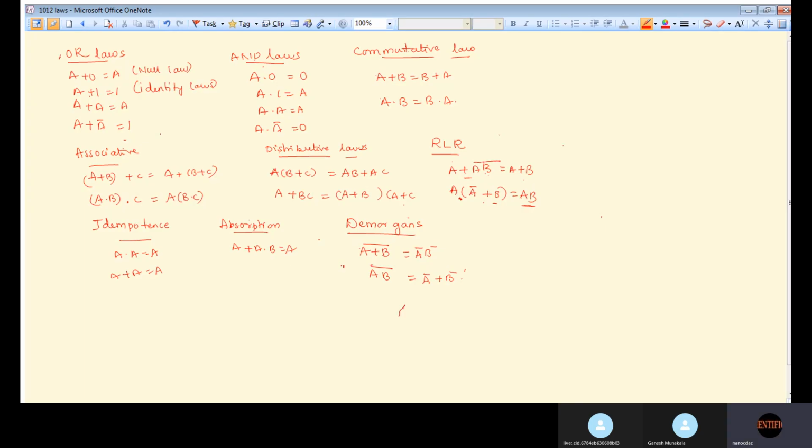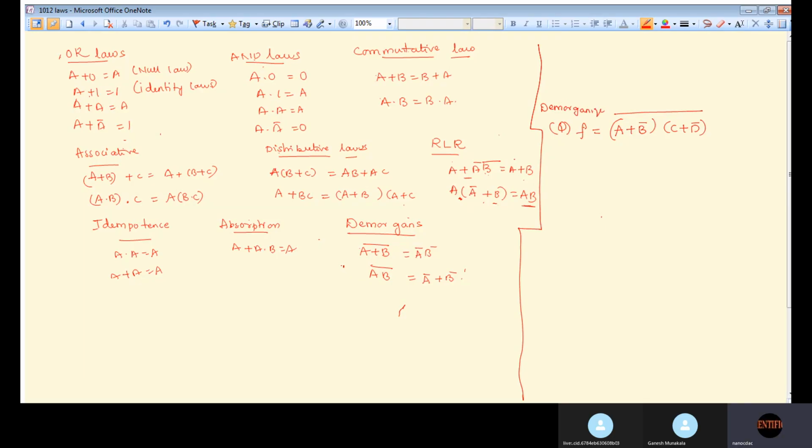Here I am writing the question, see. Now the function is given: A plus B bar into C plus D bar whole bar. The question is to demorganize this function.